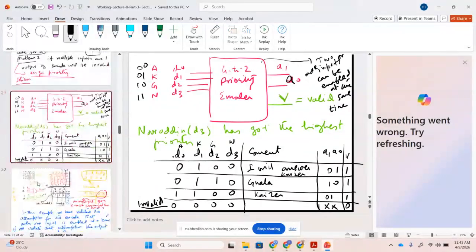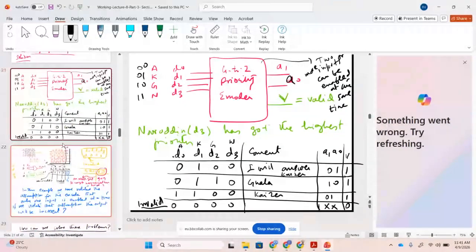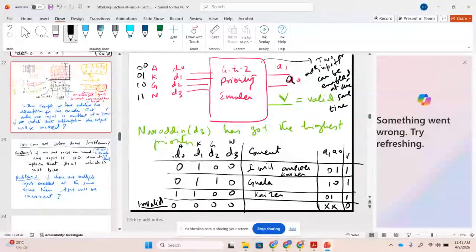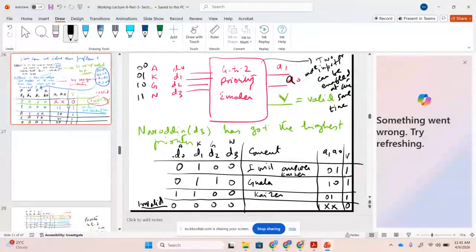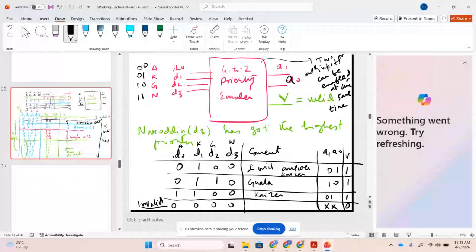Got it. Okay. Now how can we do that? We can draw the truth table for this, and I will explain this with an example. Now can you see here?